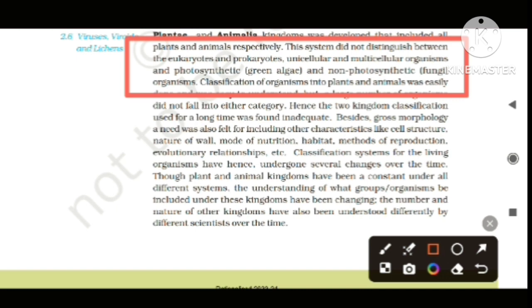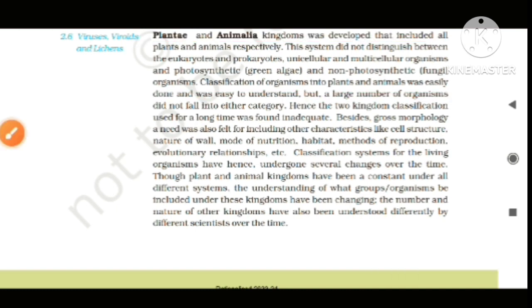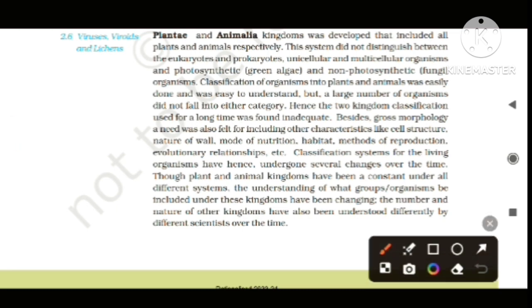Next, classification of organisms into plants and animals was easily done and was easy to understand, but a large number of organisms didn't fall into either category.